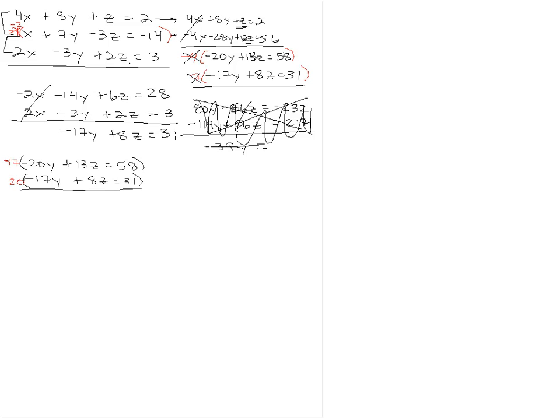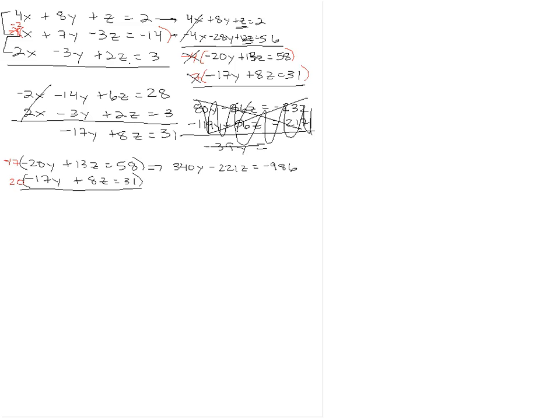It's the easiest way. All right, so 17 times 20. That positive gives me a positive 340y. Negative 17 times 13 is negative 221 with a z. And negative 17 times 58 is negative 986.